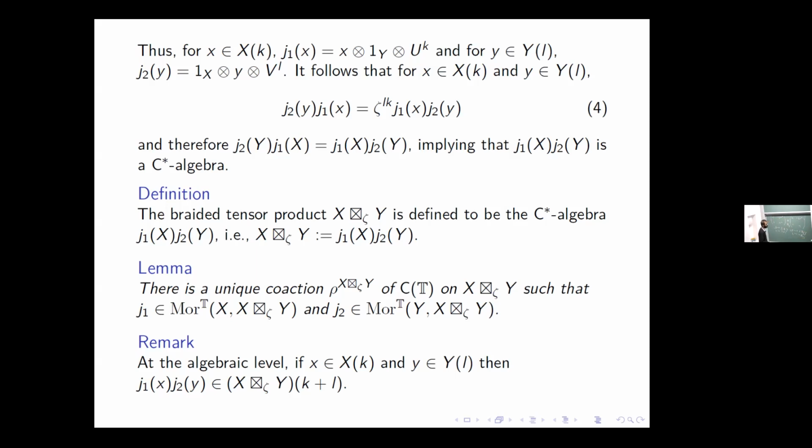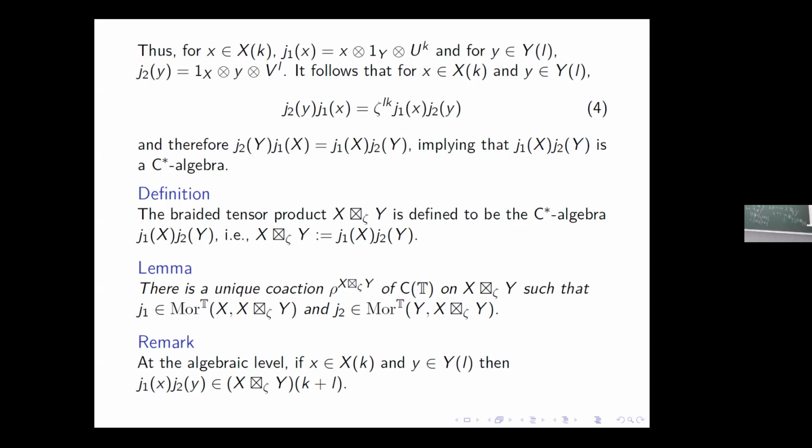one can write J1X, one can write X box 1 instead of J1X. The point is here, X tensor 1 and 1 tensor Y commute in the ordinary case, but if you have a 1 box Y, to have the commutation you introduce the zeta power, for homogeneous X and Y, of course.